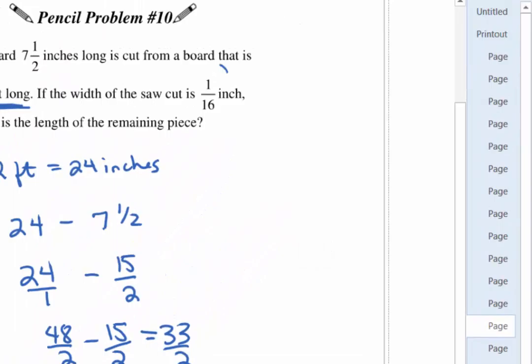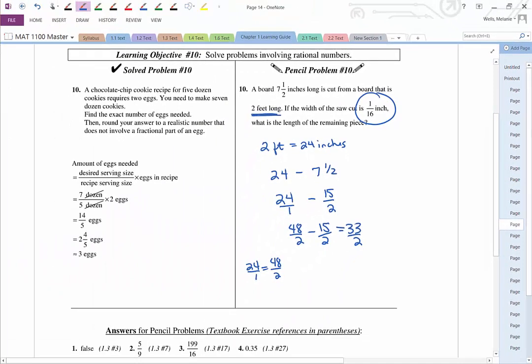And then the last part of the problem says the saw cut is 1/16 of an inch, so that part is also going to go away from the total. So we're going to subtract 33 halves minus 1/16.